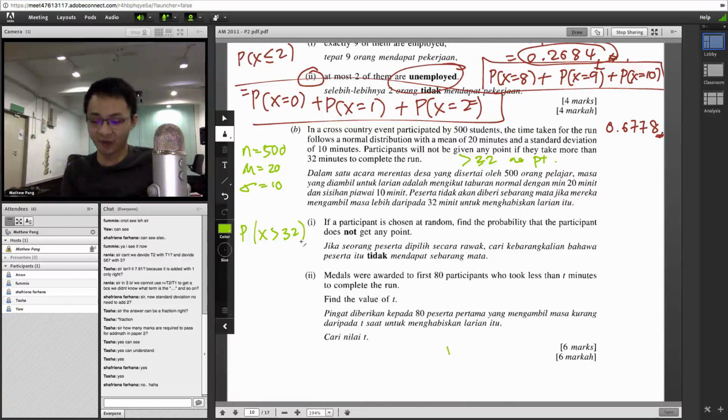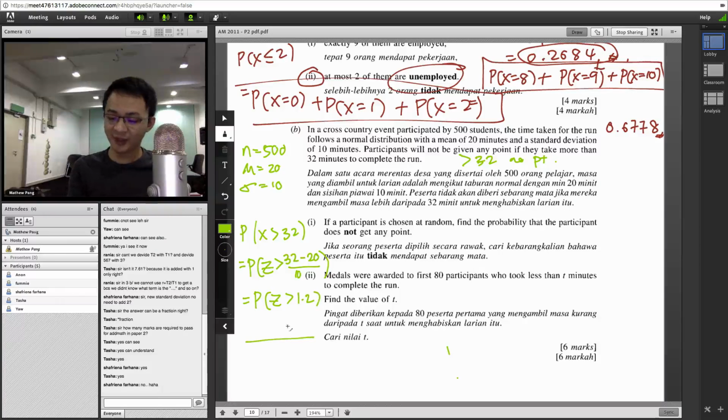So what I do is, I know this is a probability distribution, I need to change to Z. So for Z, this is the X value, you have to minus the mean, divided by the standard deviation, 10. Then you can easily get your Z value. You just do 32 minus 20, divided by 10. Yeah, your Z value should be 1.2.